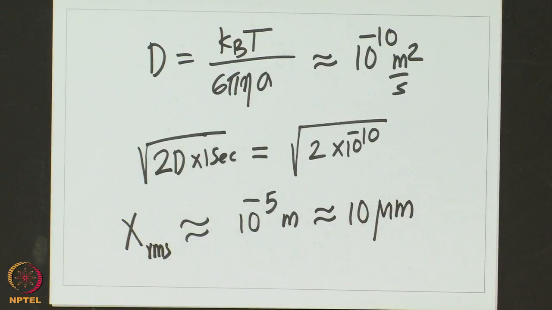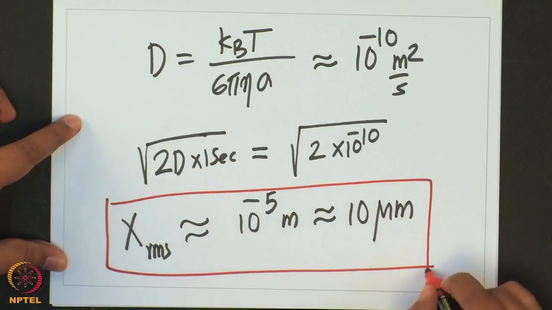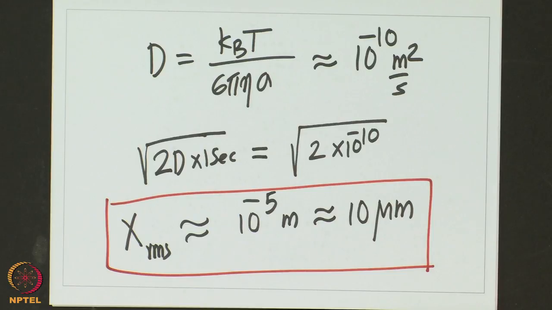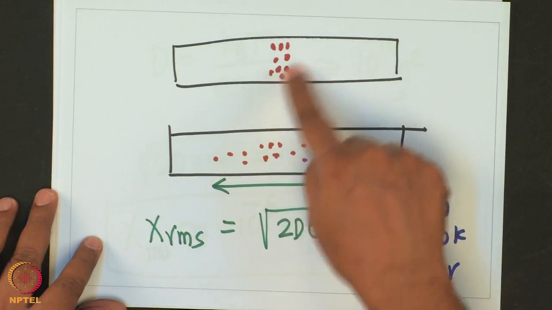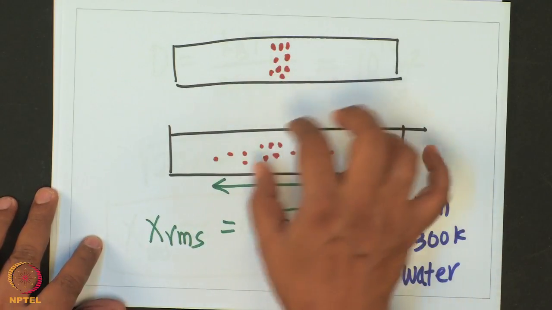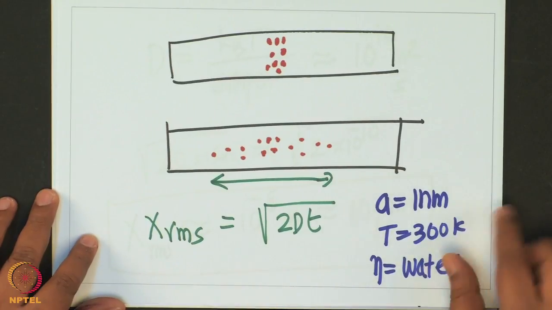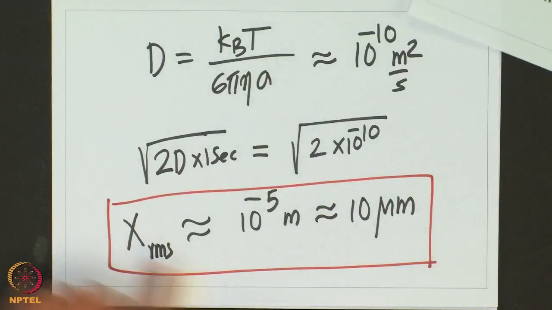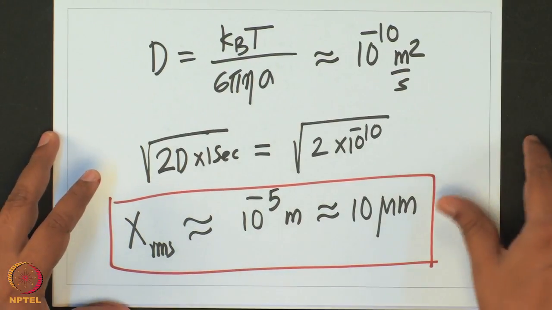So in 1 second, the spread would be approximately 10 micrometer. This is an interesting answer: if I take a concentration of 1 nanometer protein and ask how far it will spread in 1 second, the answer is approximately 10 micrometer. So this is one interesting point.